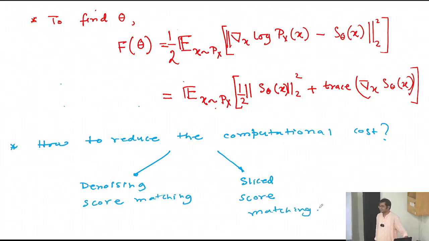Slicing is probably the correct term, but that doesn't matter. These are the two ways of doing that. I personally like slicing more, but denoising is more popular. So we'll start with denoising.